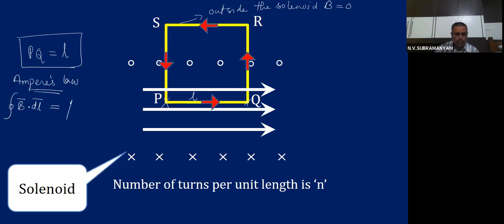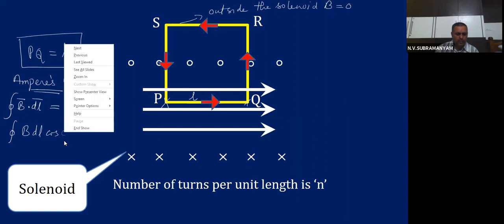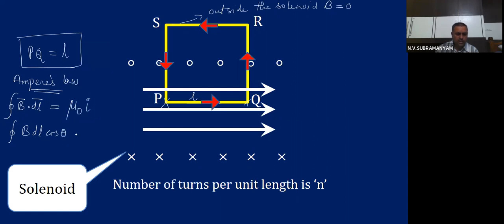How do we calculate B dot dl? B dl cos theta, where theta is the angle between B and dl. And what is dl actually? It is a small part of the curve we are considering. Yes or not? Small part of the curve we are considering.